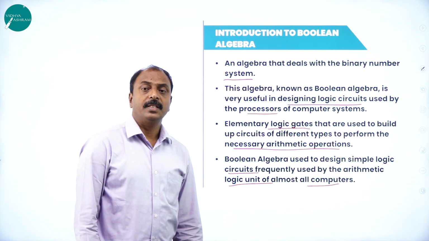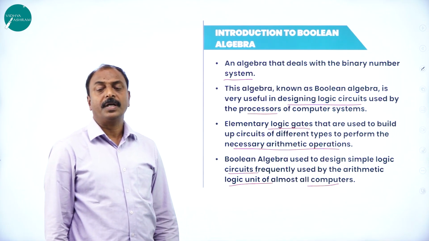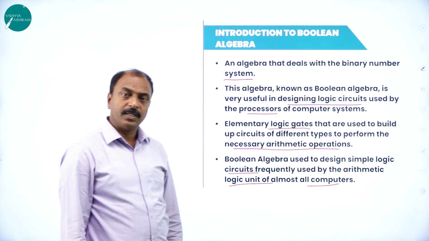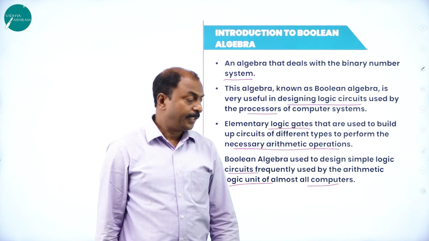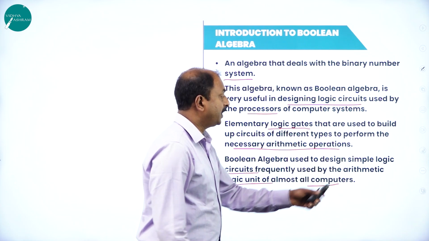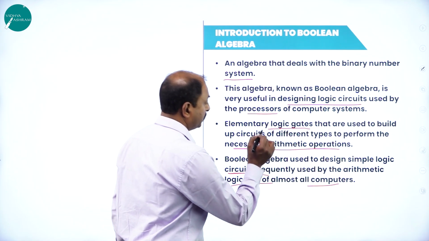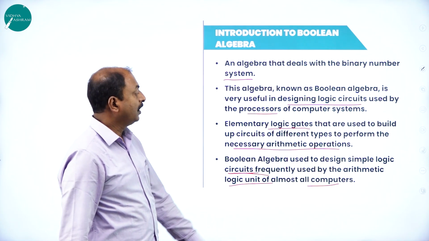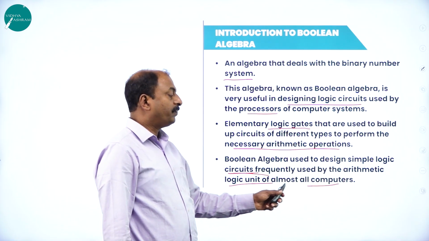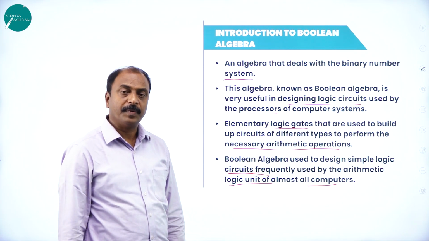We know that the CPU of a computer contains three parts: the ALU, the control unit and the memory unit. So this Boolean algebra is used to design simple logic circuits, which are frequently used by the ALU of the CPU for different arithmetic and logical operations.